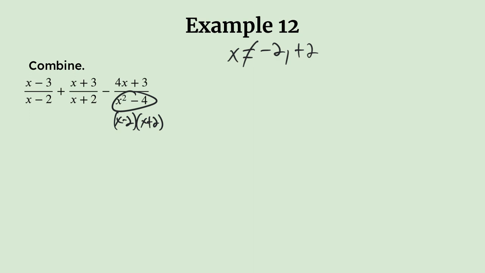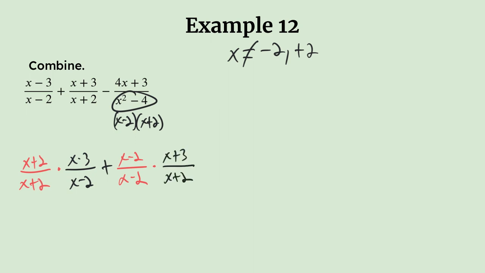So we're going to do the same thing, multiply that first fraction by x plus 2 over x plus 2 times x minus 3 over x minus 2 plus, and we'll do x minus 2 over x minus 2 times x plus 3 over x plus 2, and then we'll keep the last fraction as it is, 4x plus 3 over, and then we can do this, x minus 2, x plus 2.